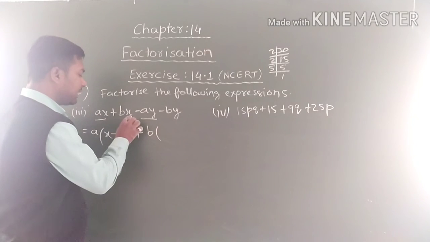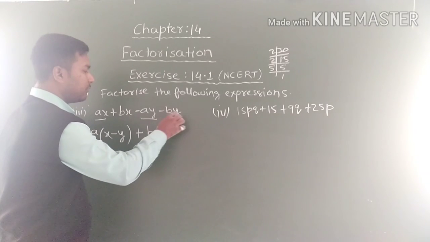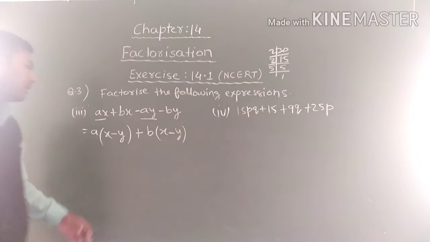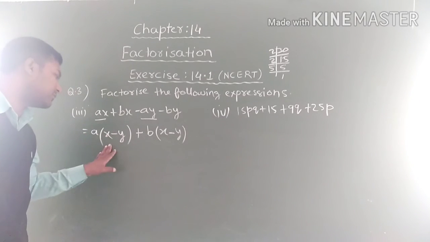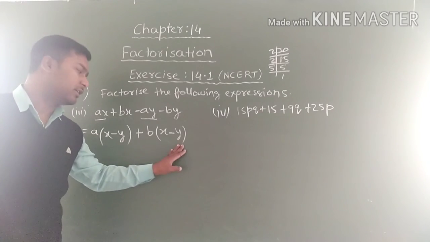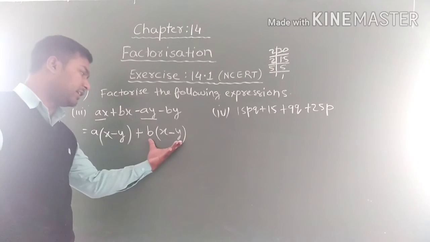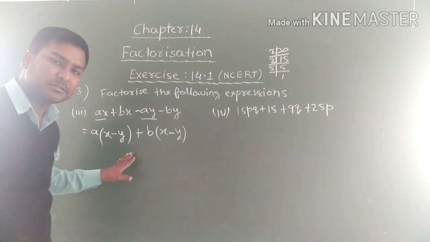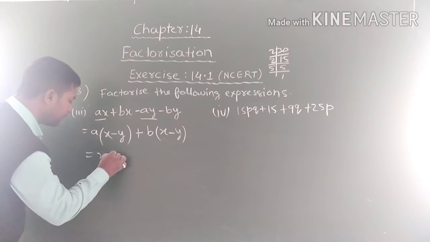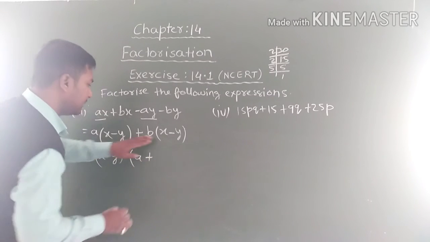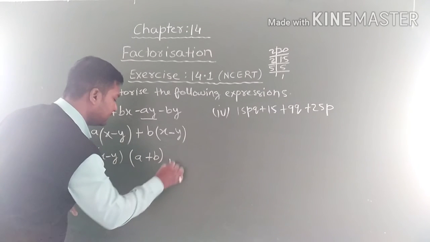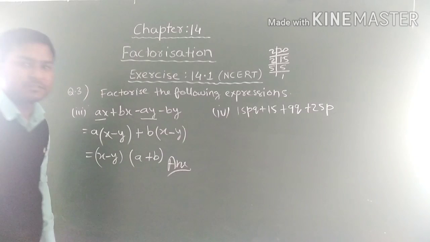What is left? x is left, minus y is left. Now this is right because both two terms are same: x minus y and x minus y. Okay, so this is first term, this is second term. Take x minus y as a common. So it will be x minus y, and what is left? a is left, plus in this term b is left. Okay, and this is the final answer.